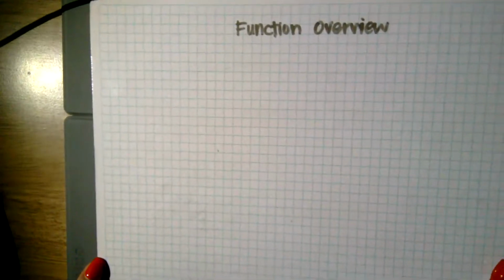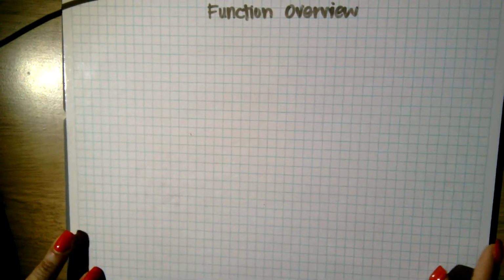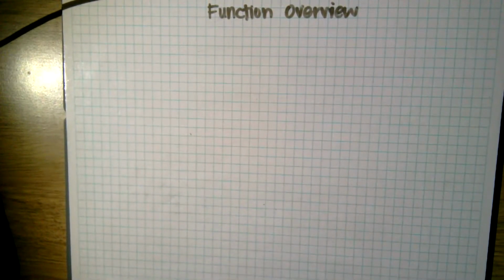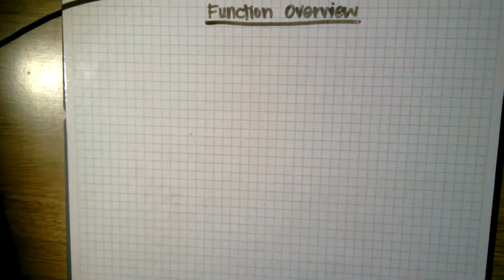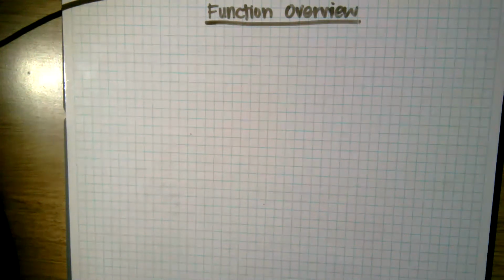Okay, so today I'm going to do a little video on functions. And the most important thing about functions is to know that their definition is for every input there exists only one output. So there's the definition.